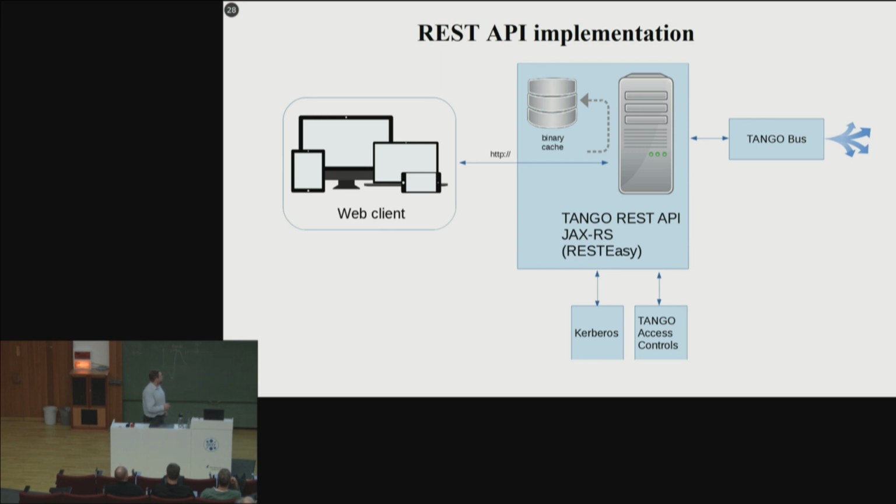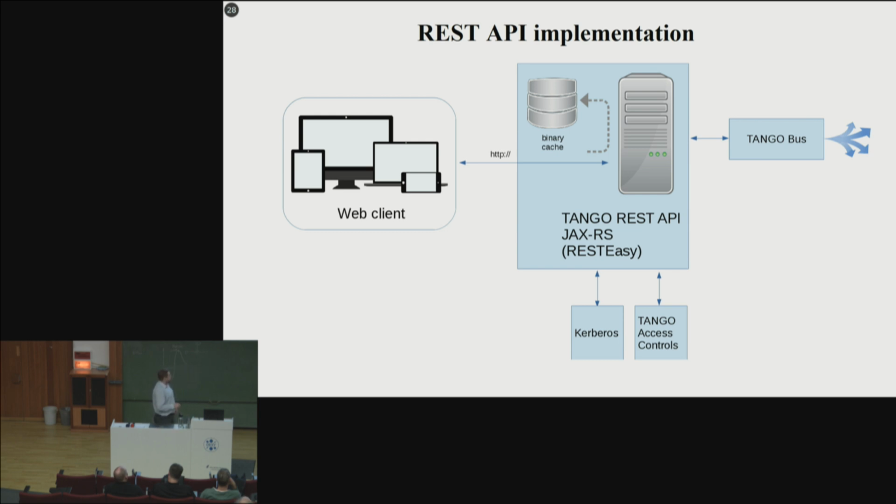On the front end, obviously we have a web client speaking HTTP to our server. On the back end, it speaks to the Tango bus and then to the hardware. It also has a two-step authentication. The first one is that it consults Kerberos to check whether the provided username and password pair are valid.